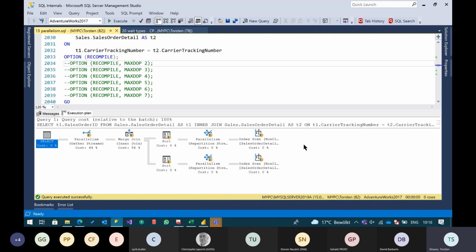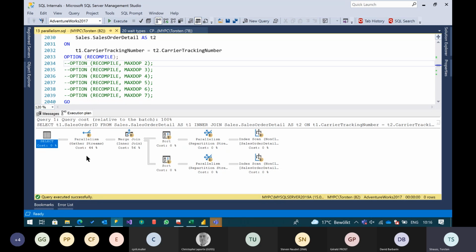This has to be coordinated. And the time it takes from the first operator which is running in parallel, this one, to the last operator, which is the gather streams, this is the time which is measured in the CXPACKET. So CXPACKET, per definition, is nothing else than the time for parallelism.